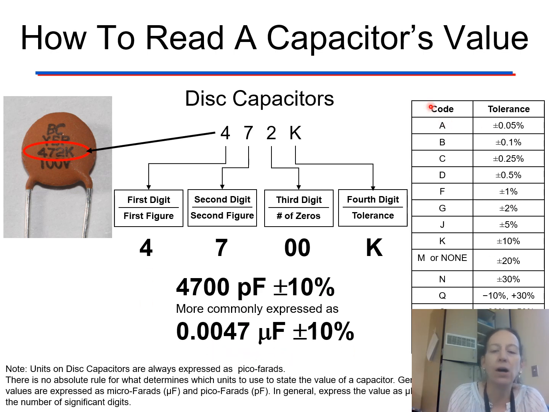Now, this over here is the code. I'm not going to expect you to memorize it, but you should write it down. My face, the little video, is covering up some of it, so you probably should pull this so that you can see the entire chart, so you can pull the PowerPoint off of OneNote.